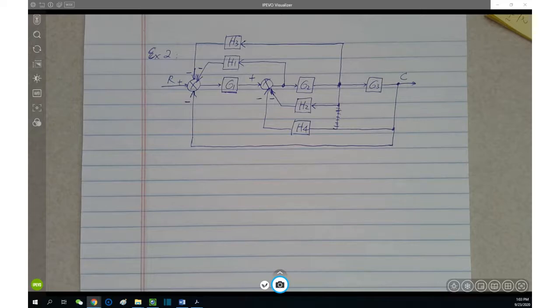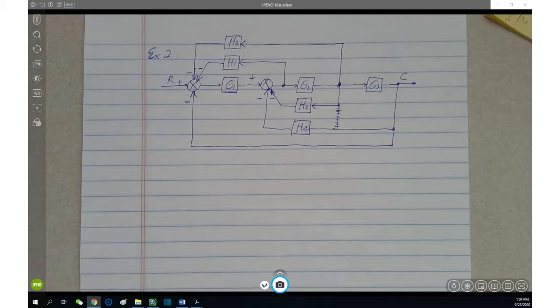All right, let's continue. This is Example 2, a quite complex interconnection among a bunch of transfer functions. G1, G2, G3 represent the forward path from input R to output C. On both sides of the forward path you have feedback, H1 through H4.